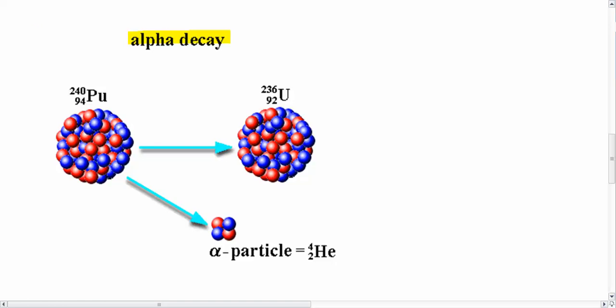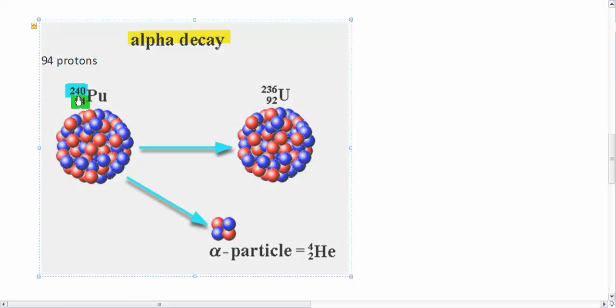So Pu, I said, is plutonium. And its mass number is 240. And its atomic number is 94. So what that means is that the atomic number tells us the number of protons. So that tells us that plutonium has 94 protons.